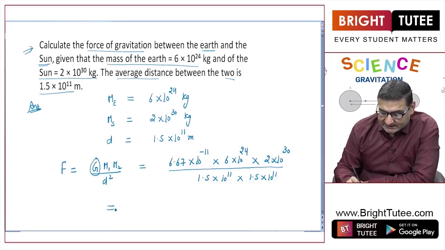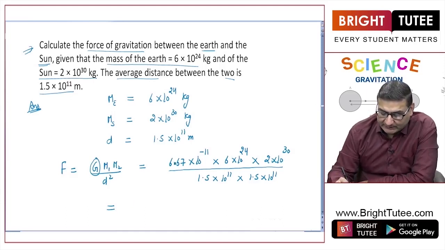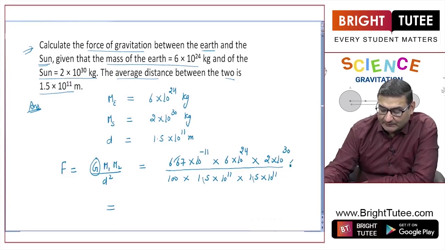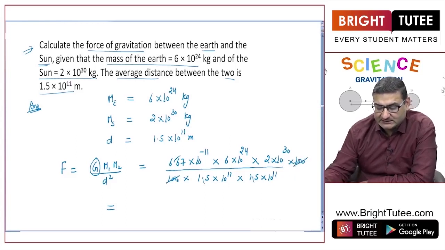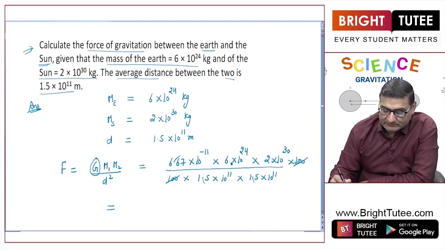Now, the second step, as I have already told you in previous questions, is to remove the decimals. That decimal being removed, I will multiply the denominator with 100. These 2 decimals being removed, I will multiply the numerator with 100. This 100 I can directly cancel out with the 100 below. Now, I will take the numeric values at one side.